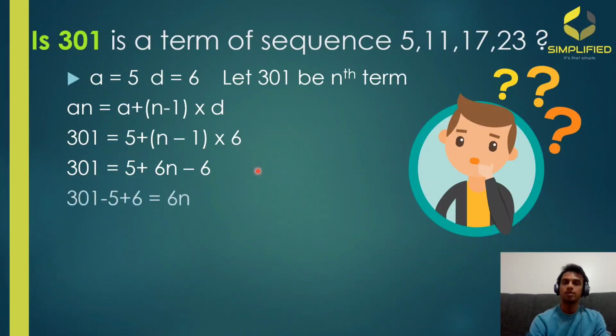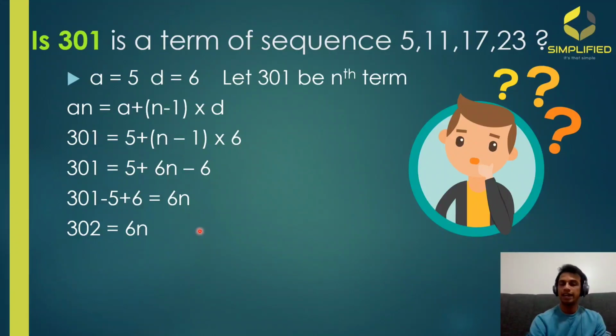Upon further simplification, we are going to take the numerals to the left-hand side and keep only n-related terms on the right side. So 6n is on the right side, and minus 6 will be taken to the left side, so it will become plus 6, and 5 is being taken to the left side, so its sign changes, so it is minus 5. Upon further simplifying, we'll get 302 is equal to 6n.